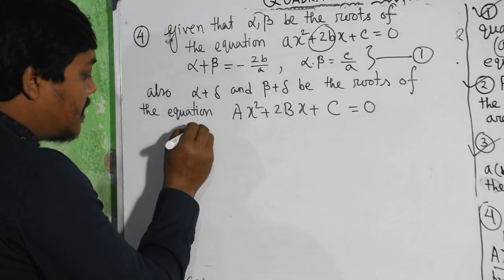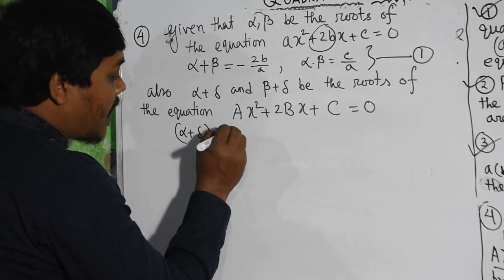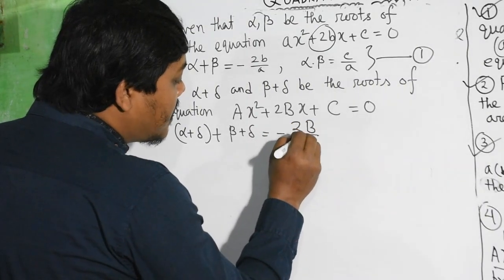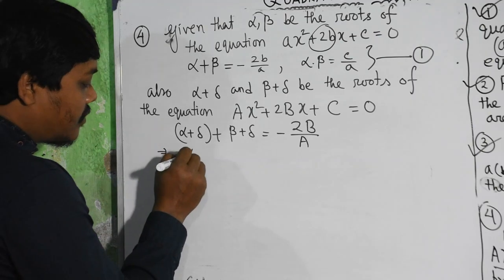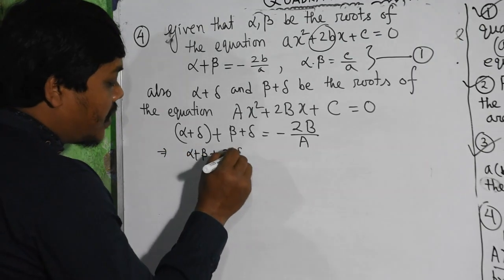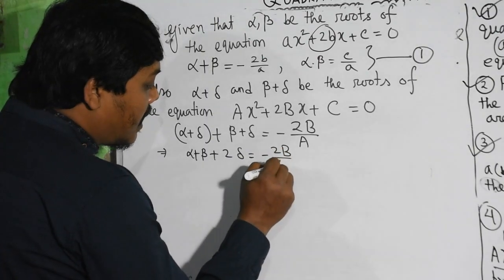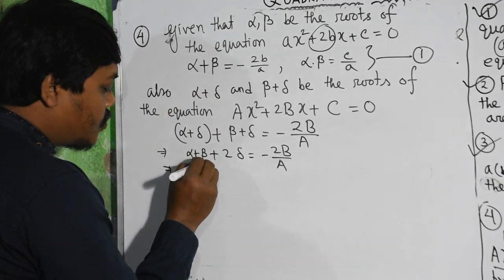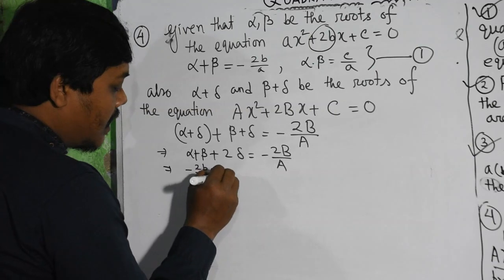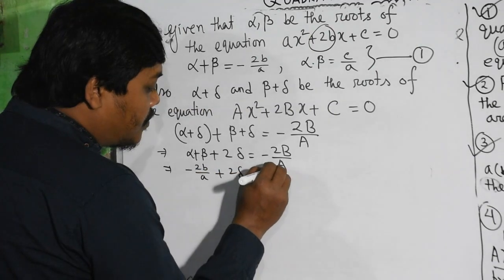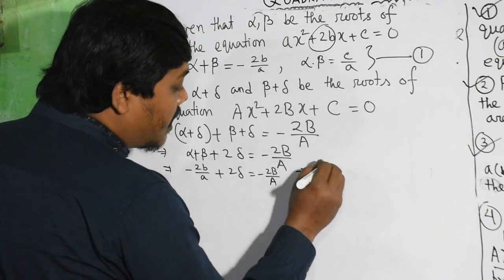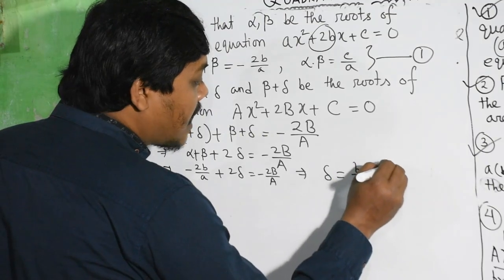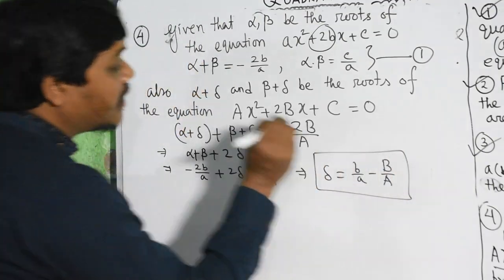So alpha plus delta plus beta plus delta, the sum of the roots, equals minus 2 capital B by capital A. After simplification we get alpha plus beta plus 2 delta equals minus 2b by capital A, and using equation 1 we put the value of alpha plus beta, that is minus 2b by small a plus 2 delta equals minus 2b by capital A. From this we get delta equals small b by a minus capital B by A, because 2 cancelled both sides.